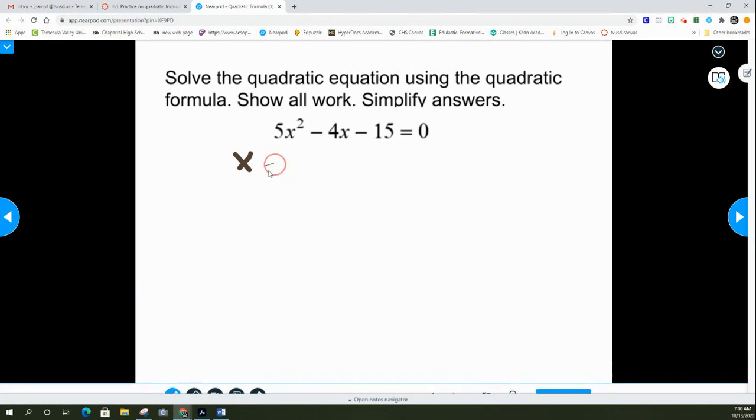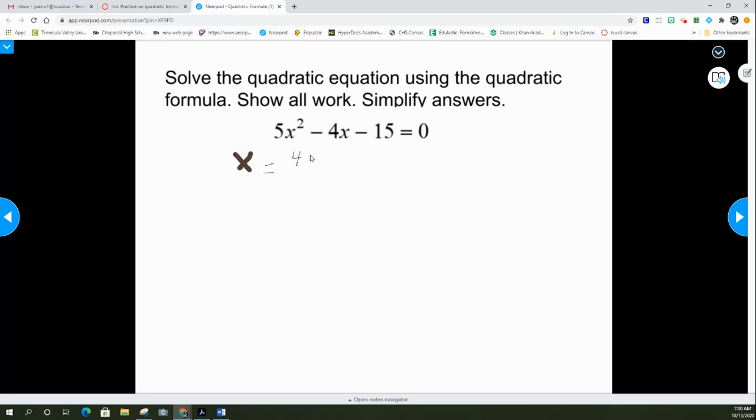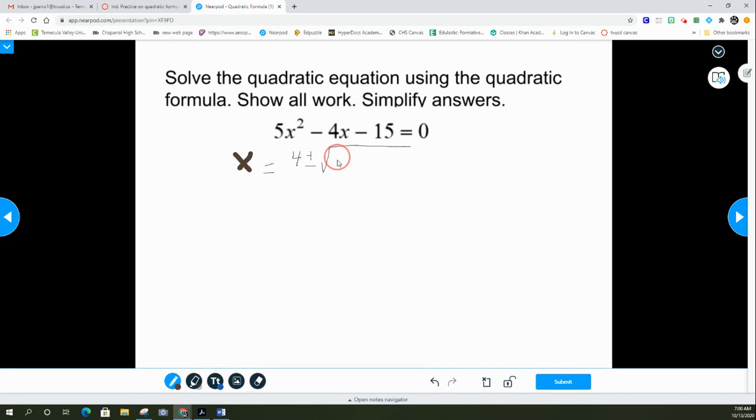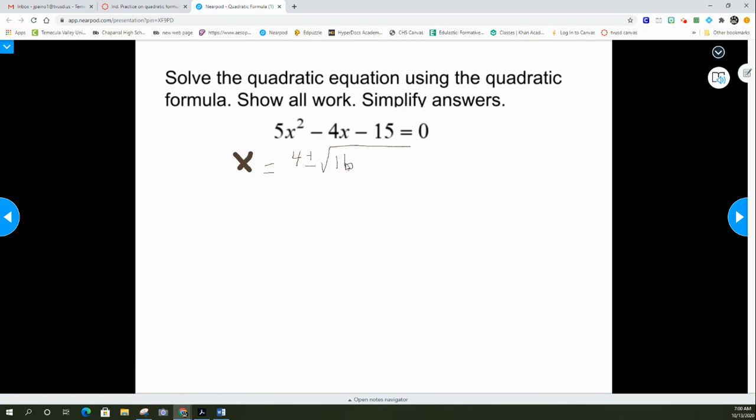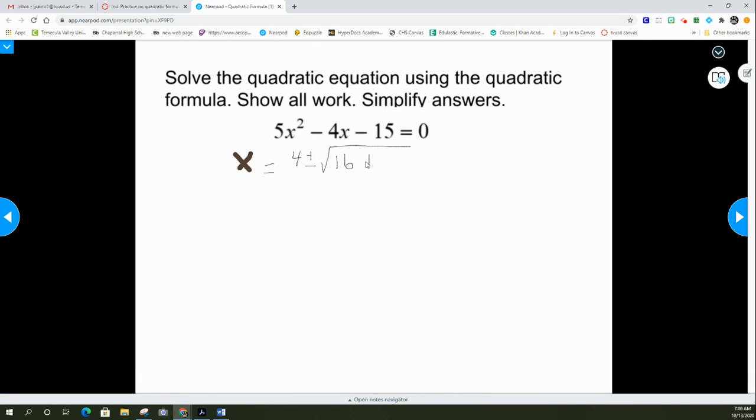So x equals, let me see if I can save some time here. Negative negative 4 is positive 4, plus or minus the square root of b squared, so negative 4 squared is positive 16, minus 4ac. This is where it gets a little tricky. I'm going to try to do it in my head. Negative 4 times 5 is negative 20. Negative 20 times negative 15 is positive 300.